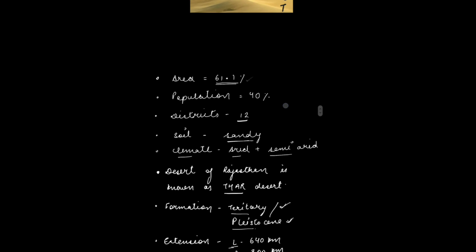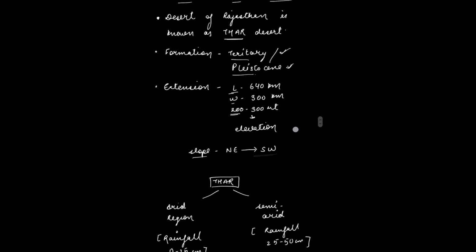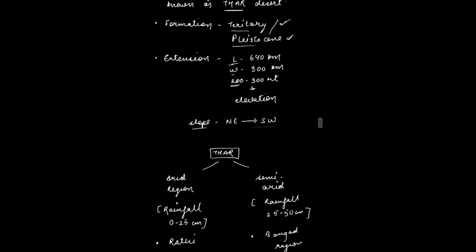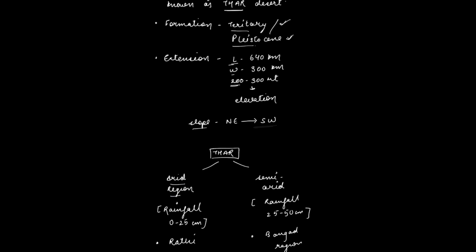Moving to the next fact, we have done with the slope. Now let's see the division of Thar. The division of Thar, it is divided into two types, that is the arid region and the semi-arid region. As I have stated earlier, that the climate found in the desert of Rajasthan is arid and semi-arid.